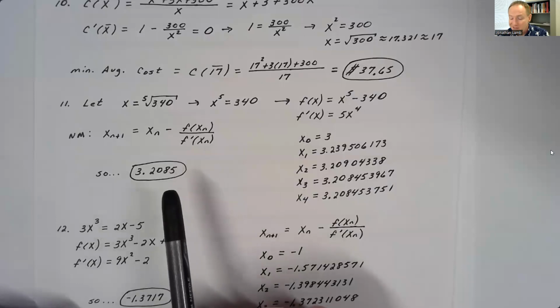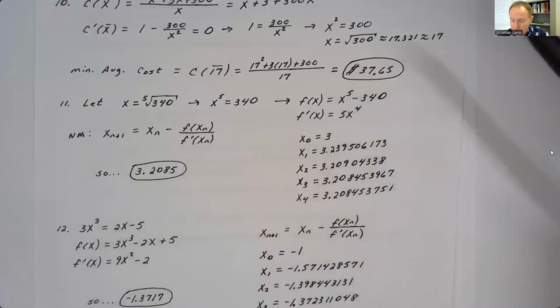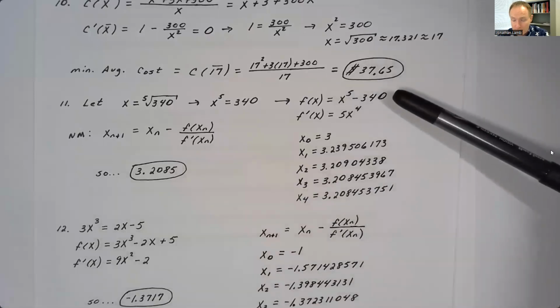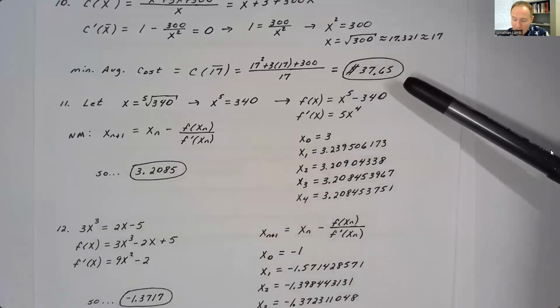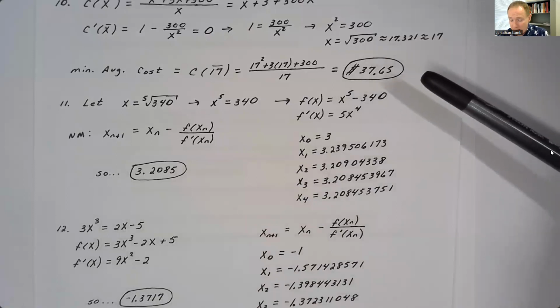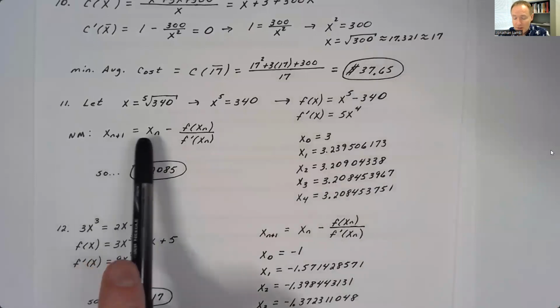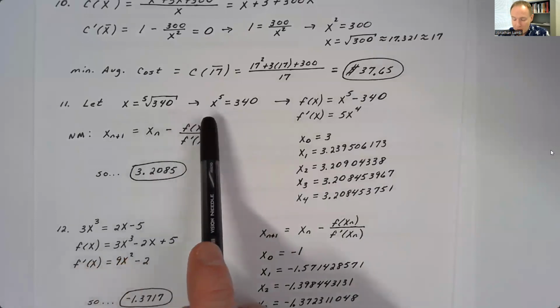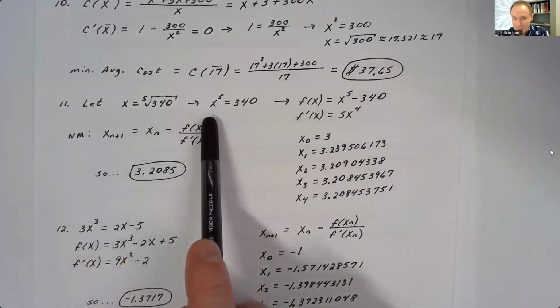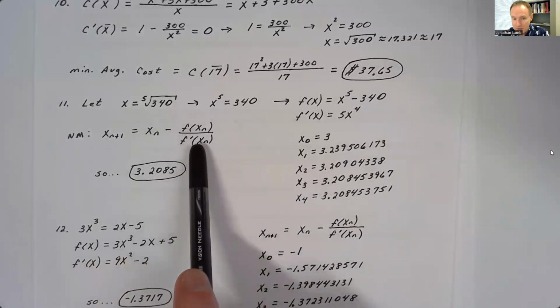Now, Newton's method says you can find the roots of f of x when it's equal to 0 by setting an initial guess and then saying every successive guess is the preceding guess minus the original function evaluated at the preceding guess divided by the derivative evaluated at the preceding guess.